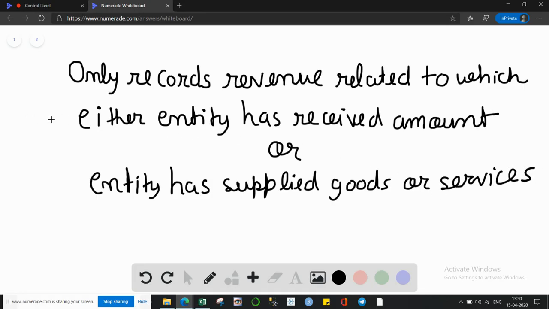So mainly there are two clauses, and either of them is required to be met to record the revenue in the financial statements of the entity.